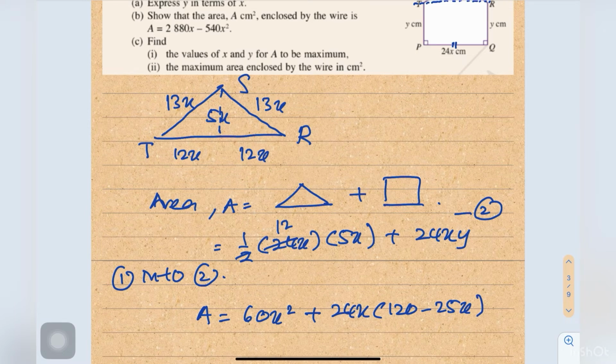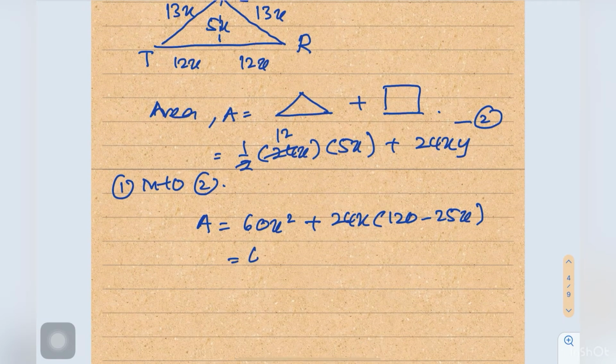So we simplify, we get 60x squared plus 2880x minus 600x squared.